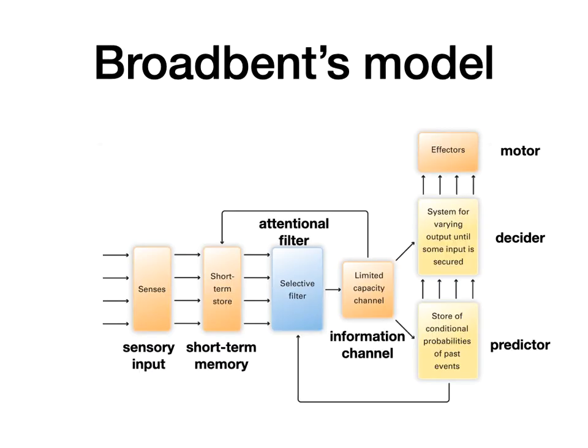So sensory input comes in on the left here, and it goes into a very short-term memory store, something that will decay quickly and we're going to lose track of it. And then it goes through a selective attention filter, which goes to our limited capacity channel, right? Remember, we have limited capacities for vision, for sound, for memory, all this good stuff. And that then goes on to some other internal mental process that helps us make sense of the world.